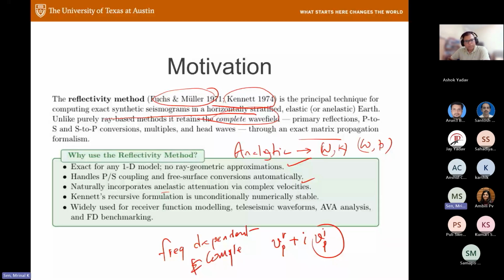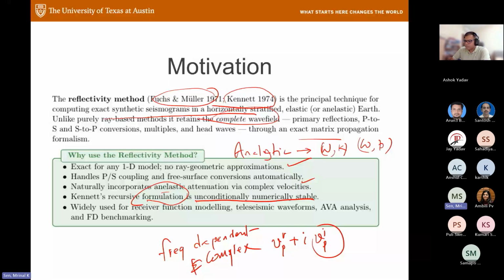We have this relation called Kennett's recursive relation, which I will be talking about in a bit of detail. That is unconditionally stable. So that is what made this method very, very attractive. And in earthquake seismology, this method is used for receiver function modeling, teleseismic waveforms, and of course AVA analysis.